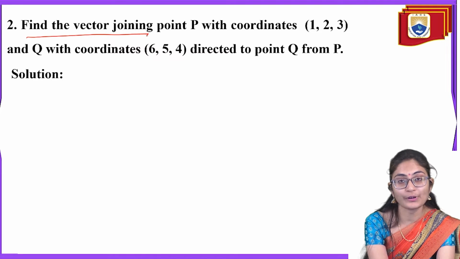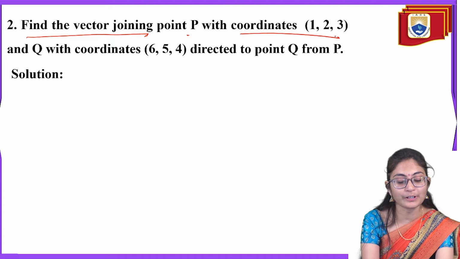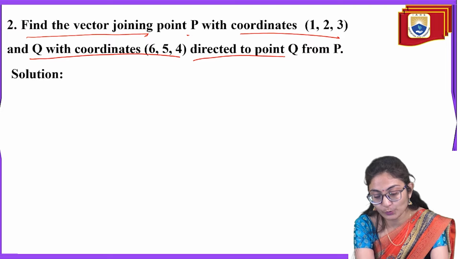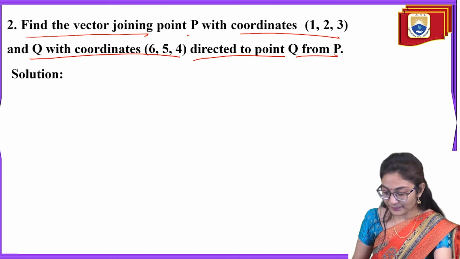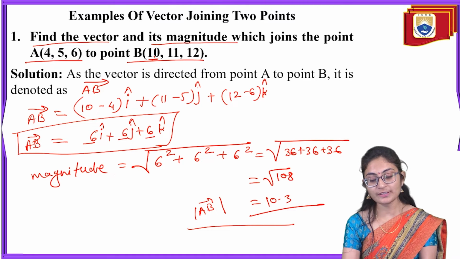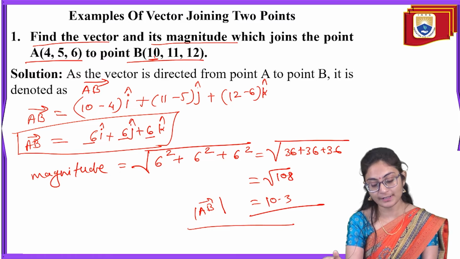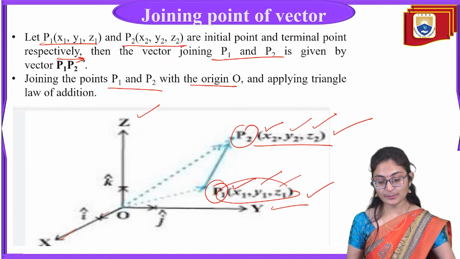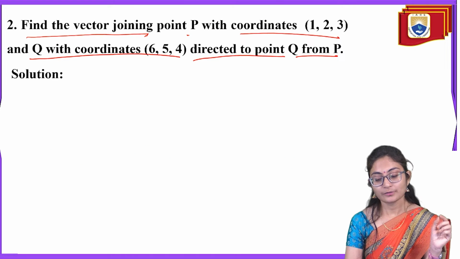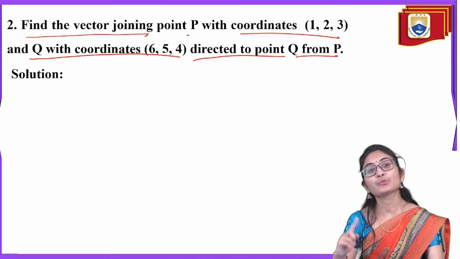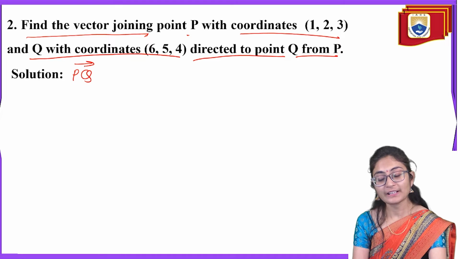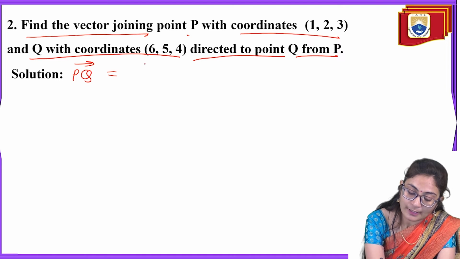Find the vector joining point P with coordinates 1, 2, 3 and Q with coordinates 6, 5, 4, directed to point Q from P. In the previous example, they directly mentioned that it joins the point A to B. But now here they changed some language and told us to join directed to point Q from P. So we have to find out the vector PQ. How will we find it?